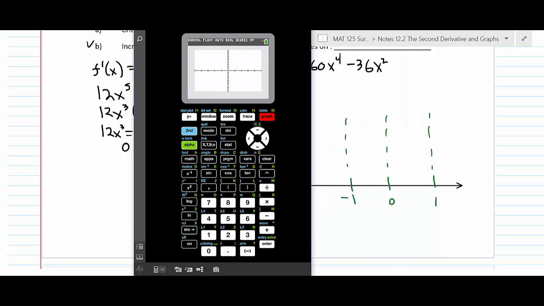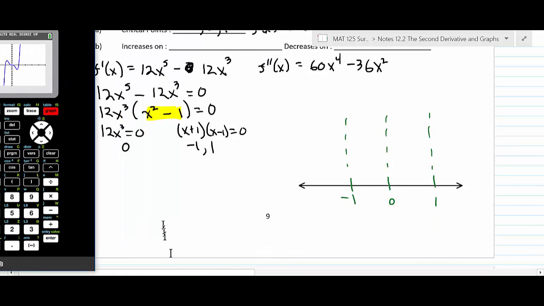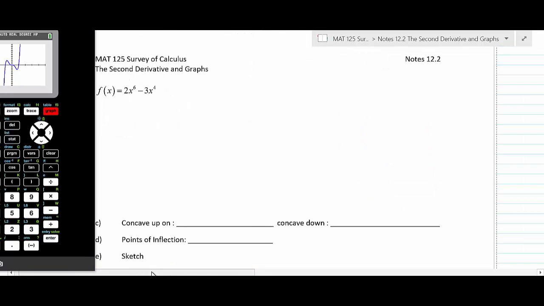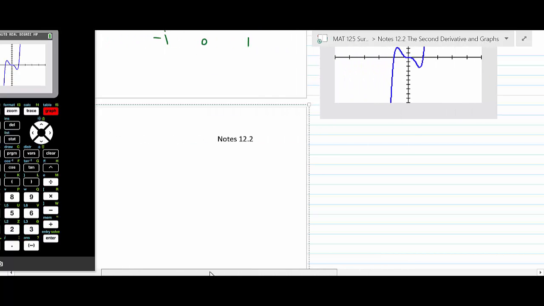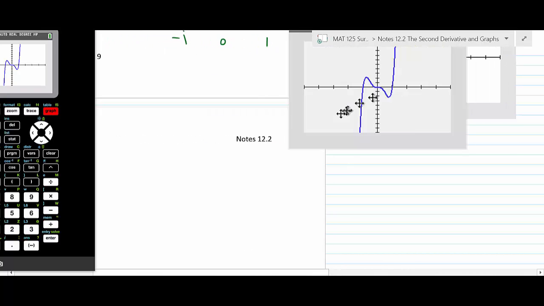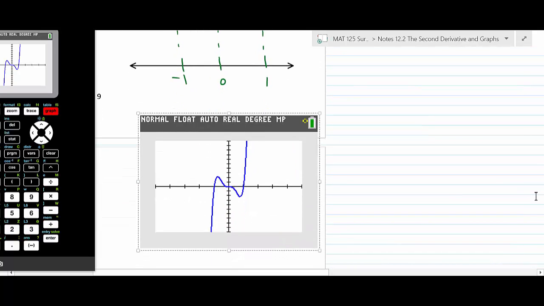So here's my graph. Now let me show you what happens, and this is a real nice thing to catch on to. That derivative gives you your sign chart. Your sign chart is staring you right in the face.